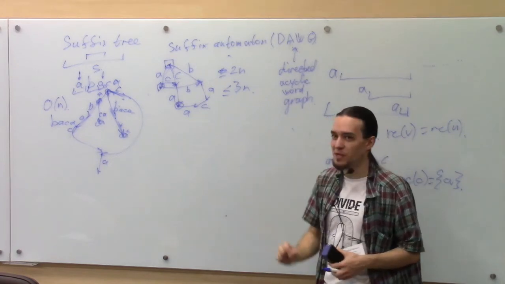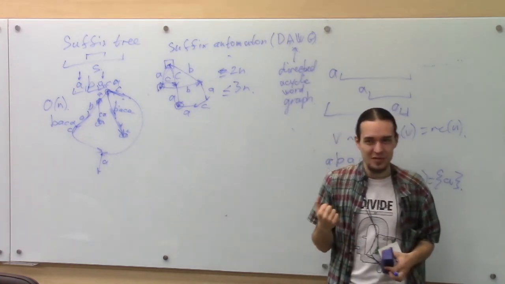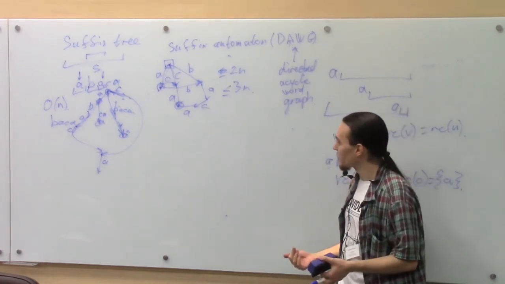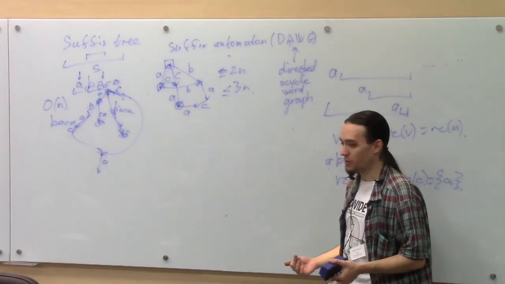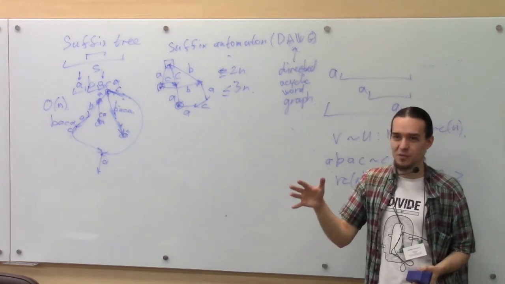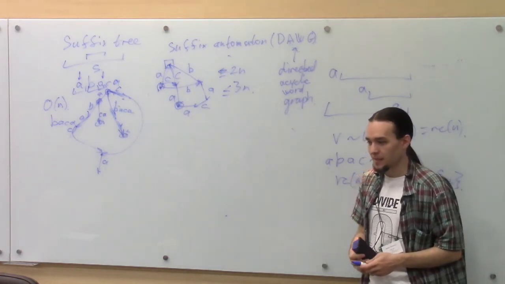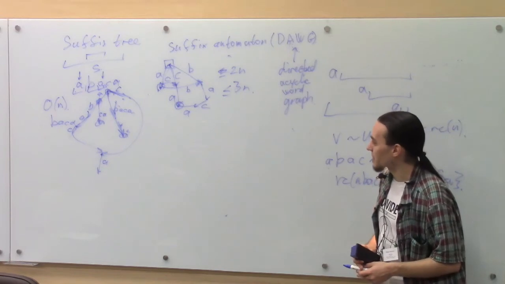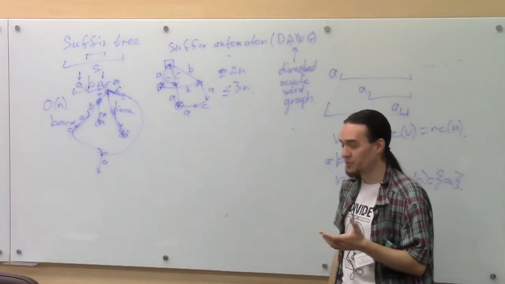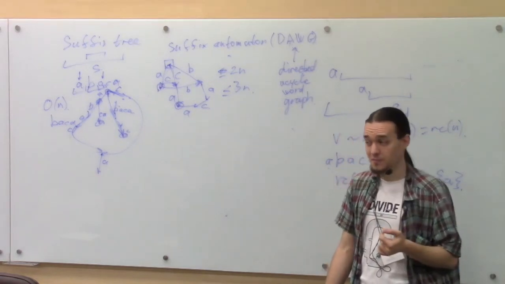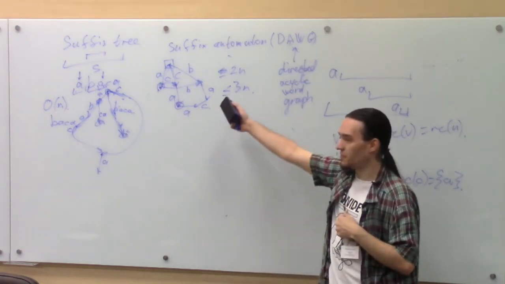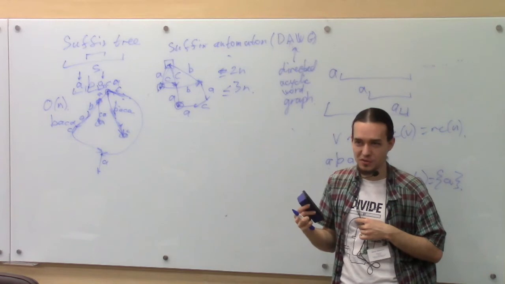So yes, this is going to be concise, but again we are going to ask the question: how do we actually construct this? And even if we construct this, can we solve any actual problems with that? Because this seems optimized in terms of size, but can we actually solve problems with it? The answer is that the suffix automaton is, in practice, even more useful than the suffix tree, for a few reasons. The first reason is that you can actually recover the suffix tree from the suffix automaton, if you look close enough, in linear time.